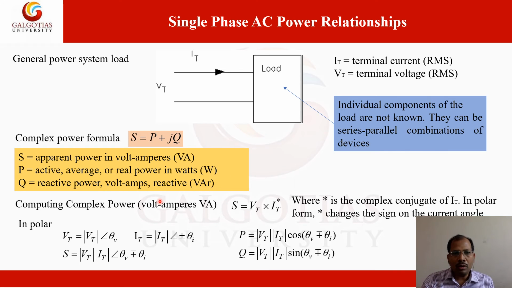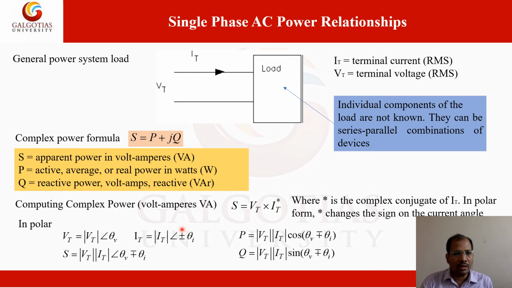We have to compute this apparent power in polar form. First represent all voltage and current in polar form. This is the magnitude and angle of the voltage phasor, and the current phasor can also be represented in polar form, magnitude as well as angle, with plus or minus based on the leading and lagging case.